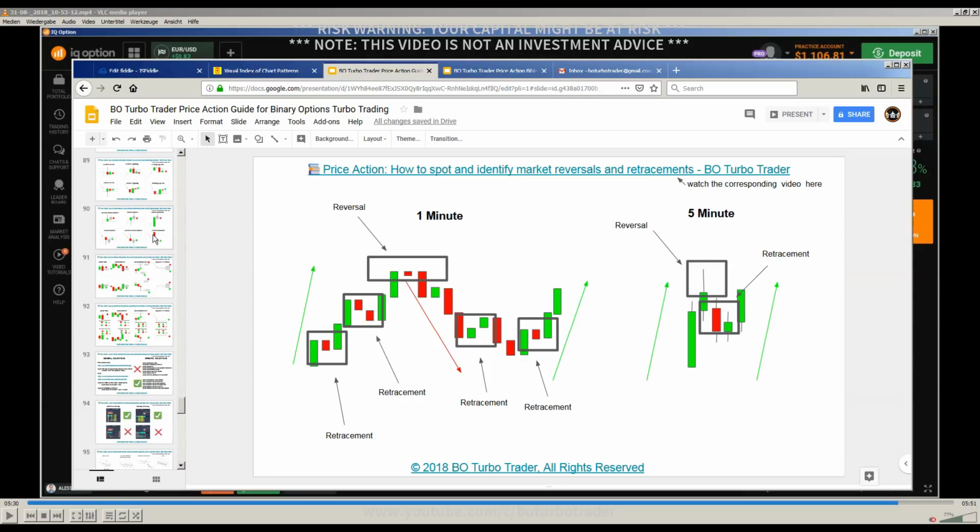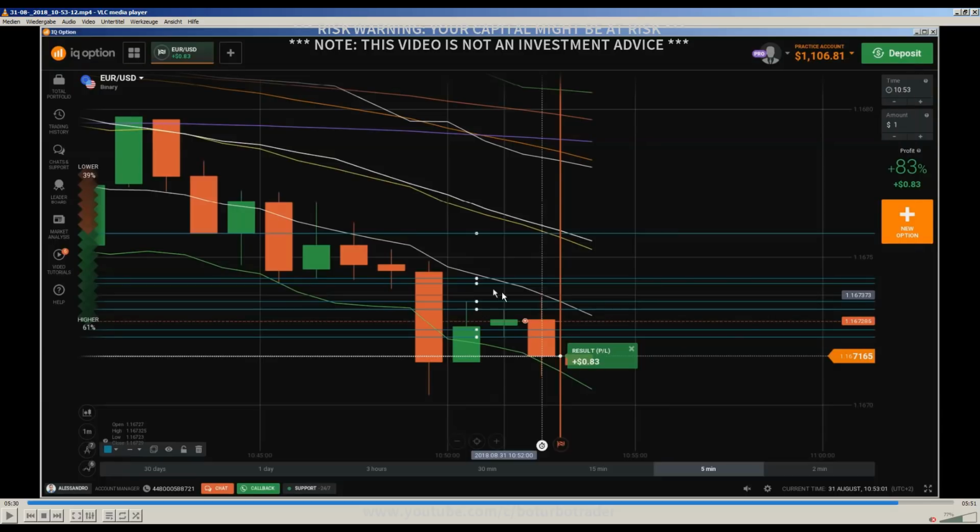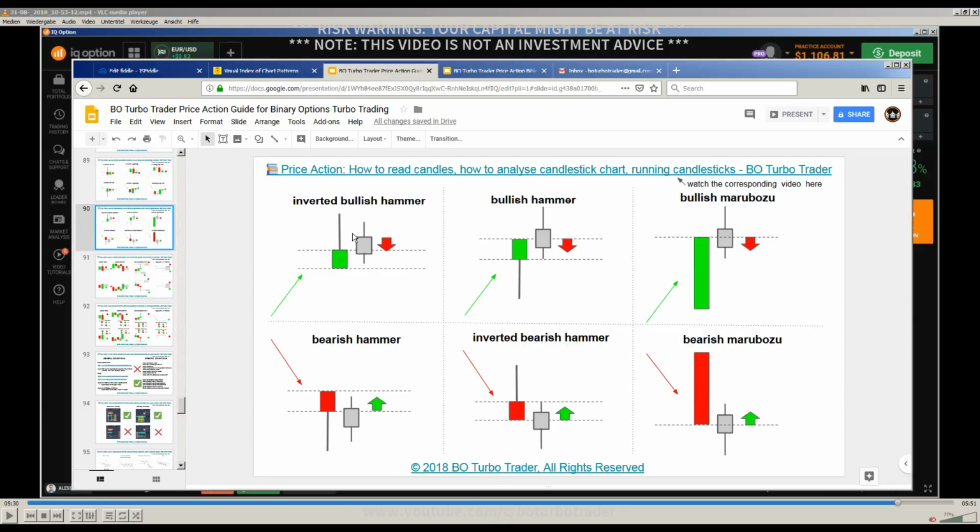So the process of elimination, that is this one, and do you see this kind of candlestick pattern here? This was this one here, an inverted bullish hammer, after this weak candle, which is not unfolding as expected. What do you expect then?